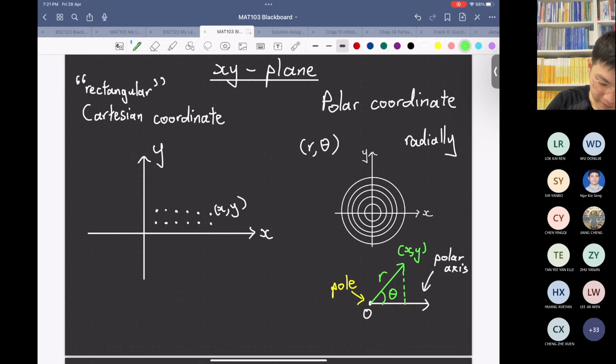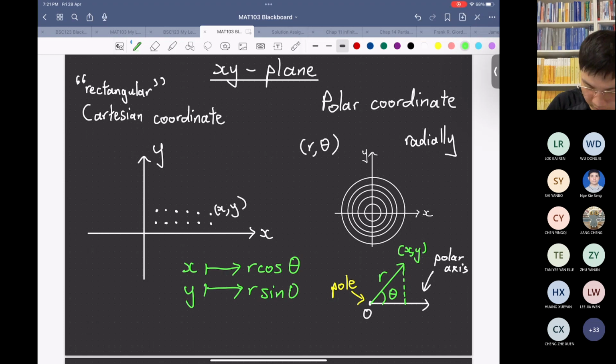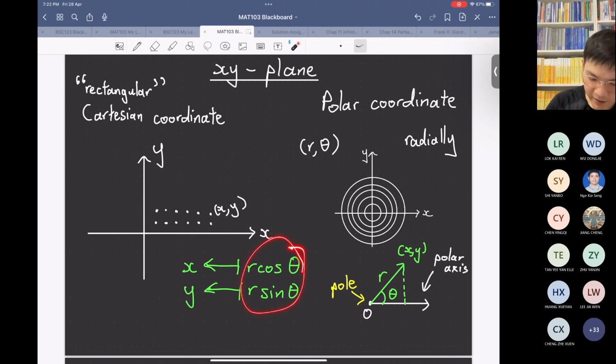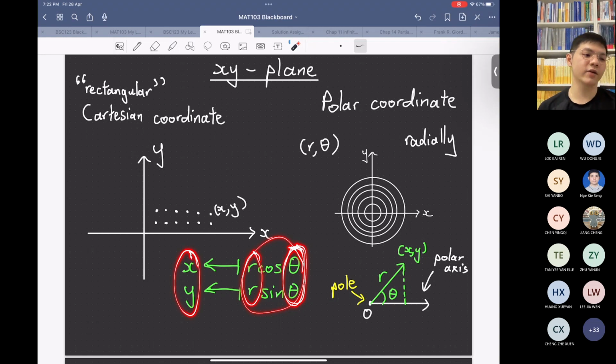When you want to go from polar coordinates to Cartesian coordinates, you make x equal to r cos theta and y equal to r sine theta. Actually, better is going this way: given r and theta, given a radius and given an angle, you can find your point in xy.